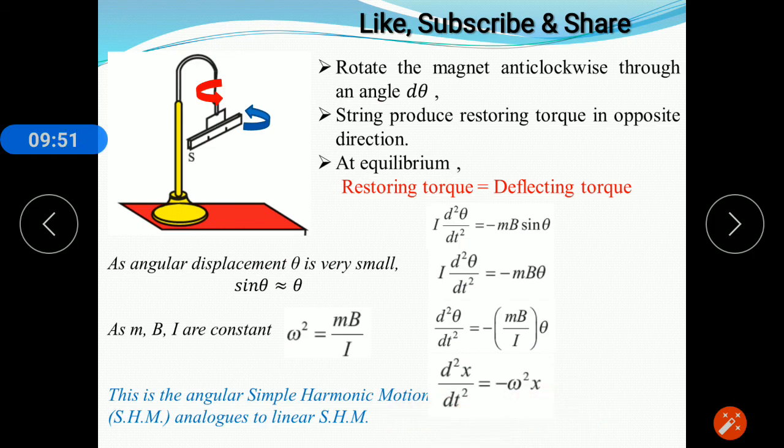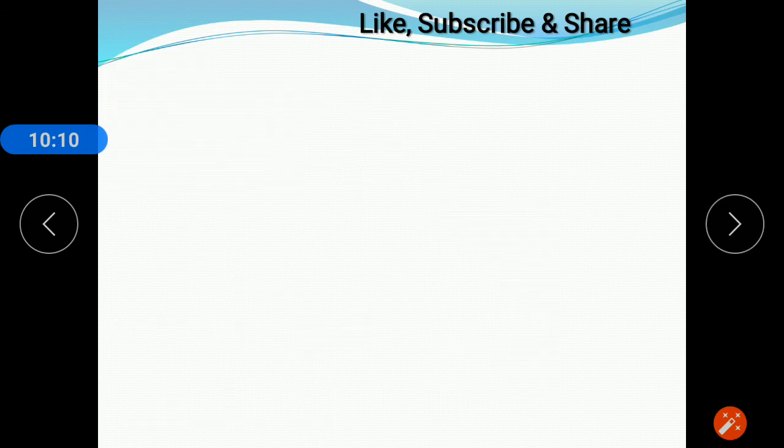What it means is, this is angular simple harmonic motion, because the torque produced on the dipole makes it rotate angle-wise. Angular simple harmonic motion is analogous to linear simple harmonic motion because the equation is analogous. So take omega square equal to mB by I. Take the square root, omega is the square root of mB by I.